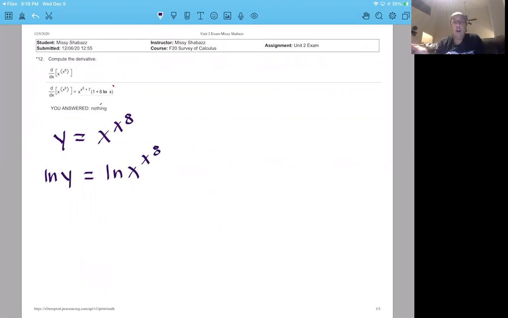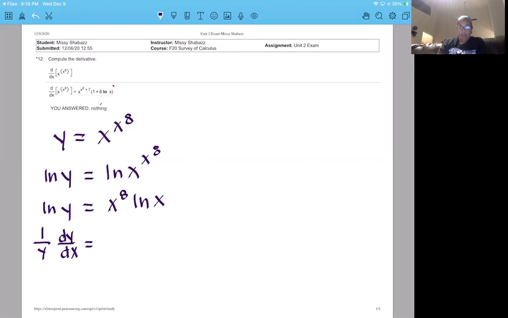I'm going to use the law of logarithms, which means I can bring the exponent out in front. And now I'm going to take the derivative. Right, so the left side is in terms of y, so I'm going to use implicit differentiation, 1 over y, dy dx.